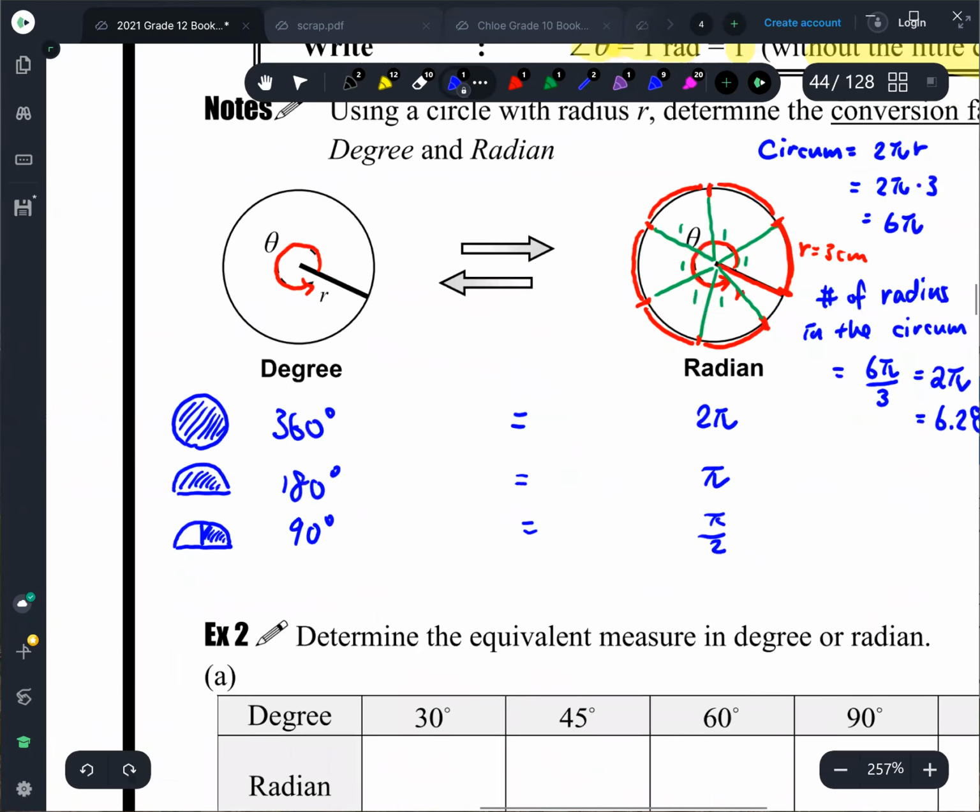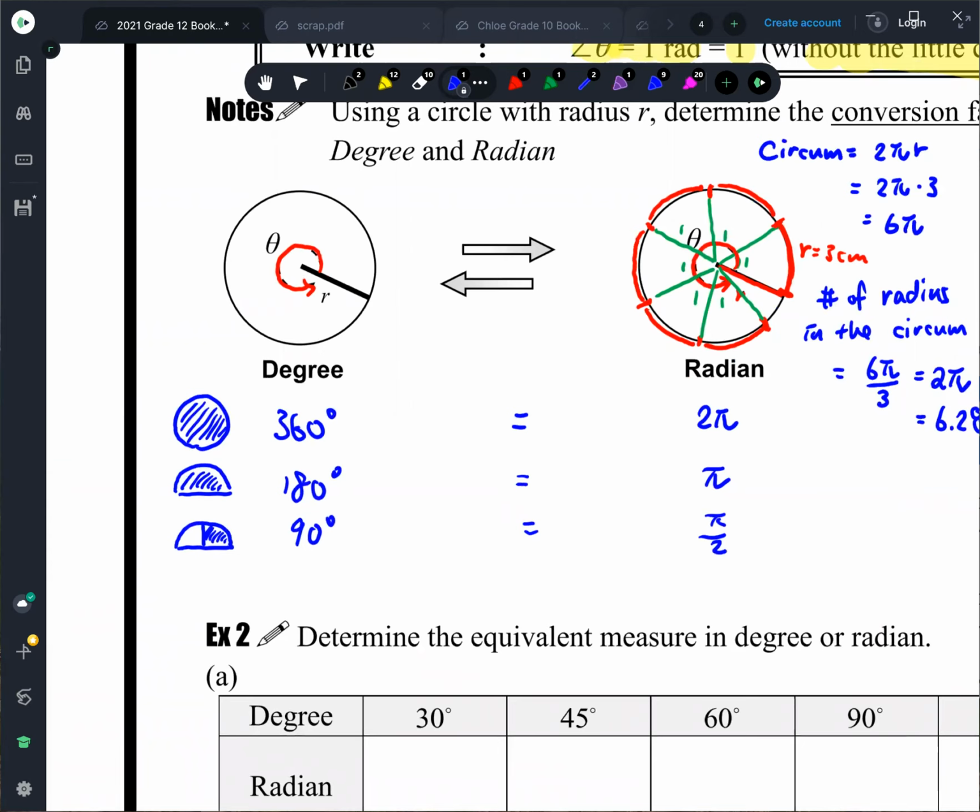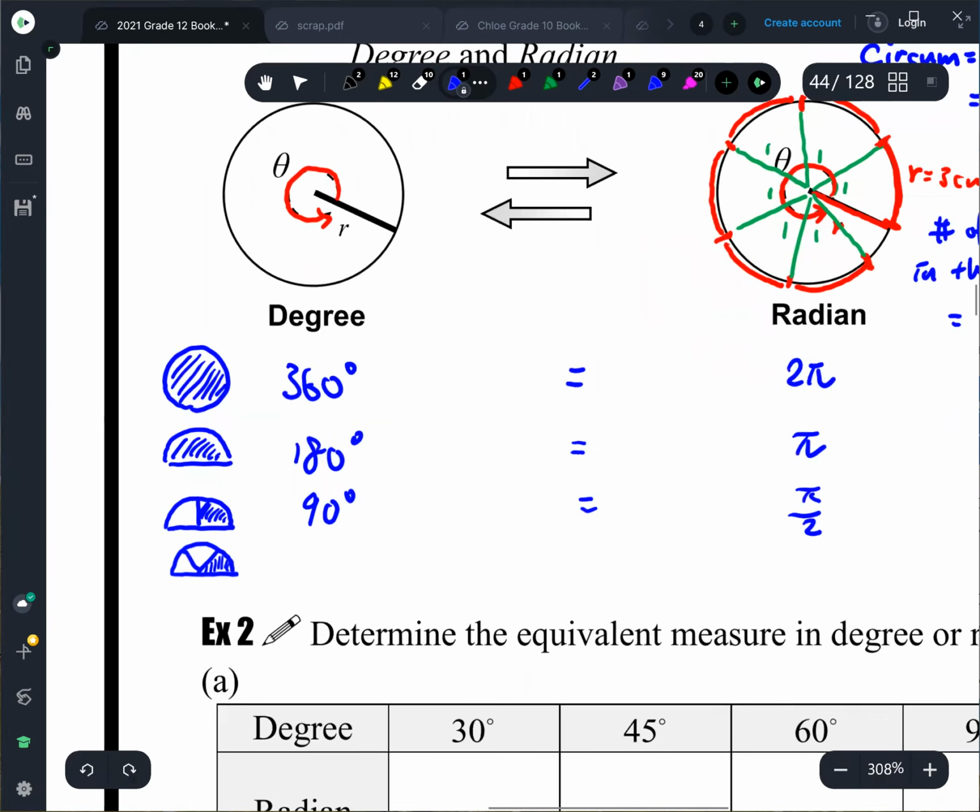Let's keep cutting. Next one, I want to cut half a pizza into this, so we get a little slice. How many degree is this picture now? Marcus? Like 40, 45? No. You compare this picture with 180 degree. 180 degree is half a circle.